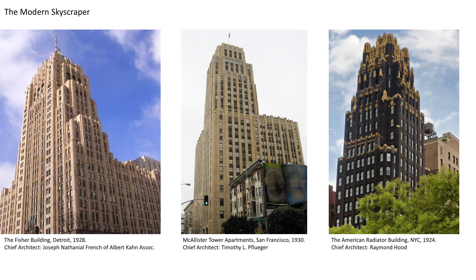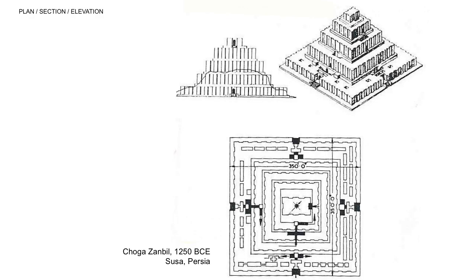Let's continue down this road. Let's take a closer look at one of those ancient architectural forms. By now you're familiar with what sort of architectural drawings and diagrams we're looking at. The top left, we have this tiny section.